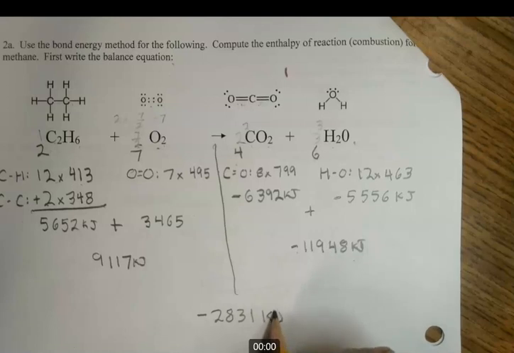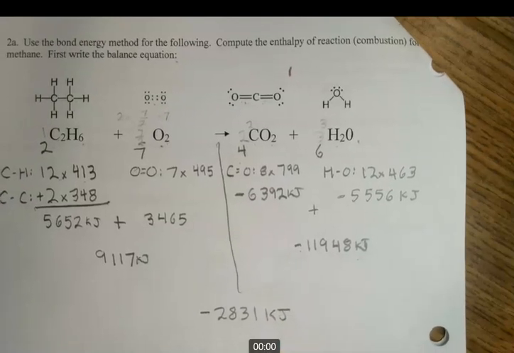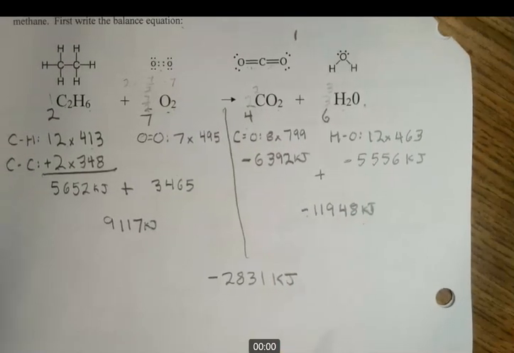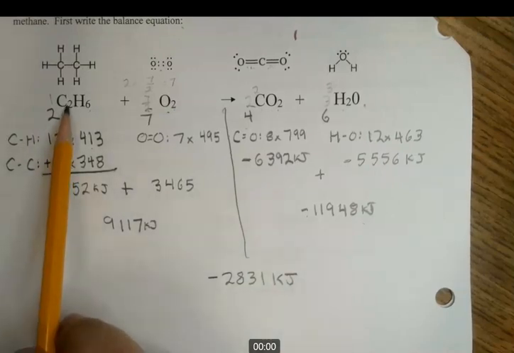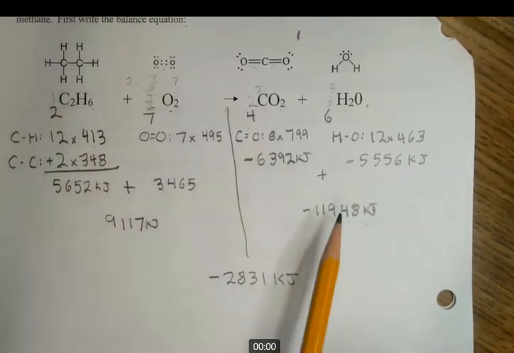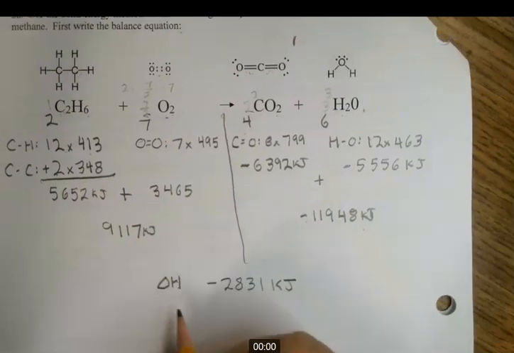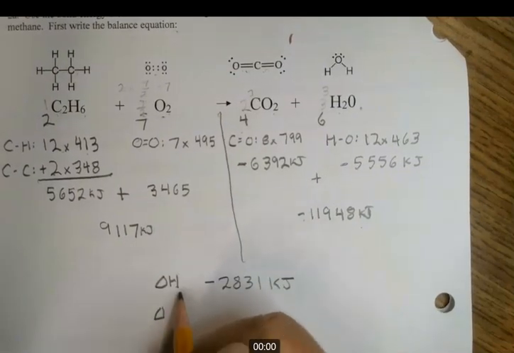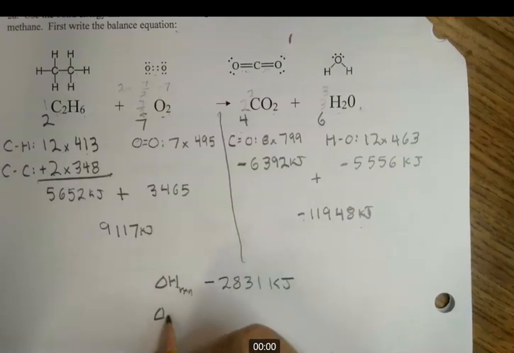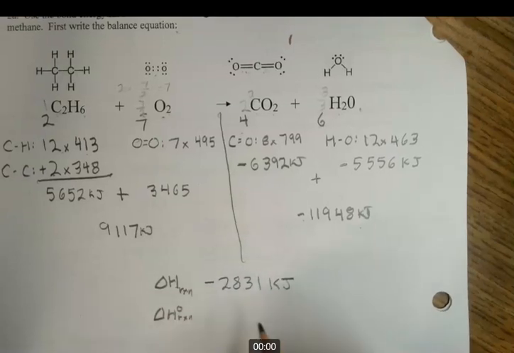2,831 kilojoules of energy. Now, if you wanted to know how many kilojoules per mole of ethane, notice that we have 2 moles there. So if we want the, that's the delta H. And if we want the standard delta H of reaction, that would be per mole.